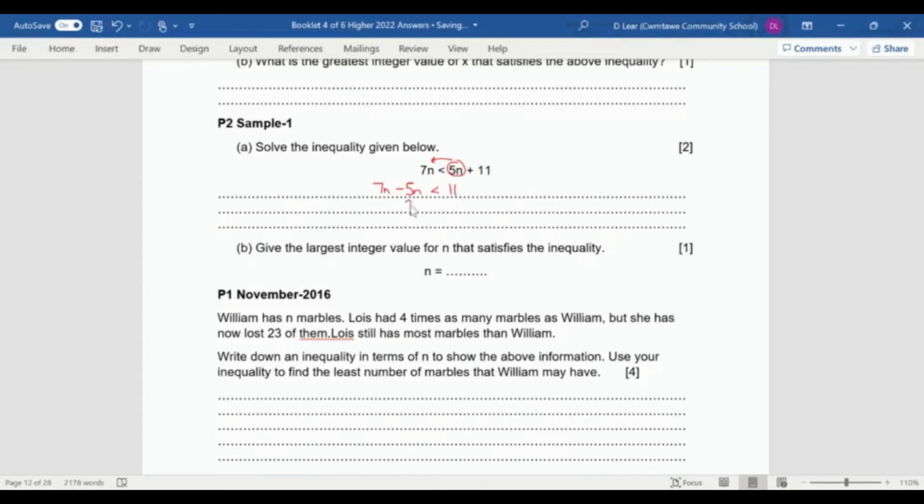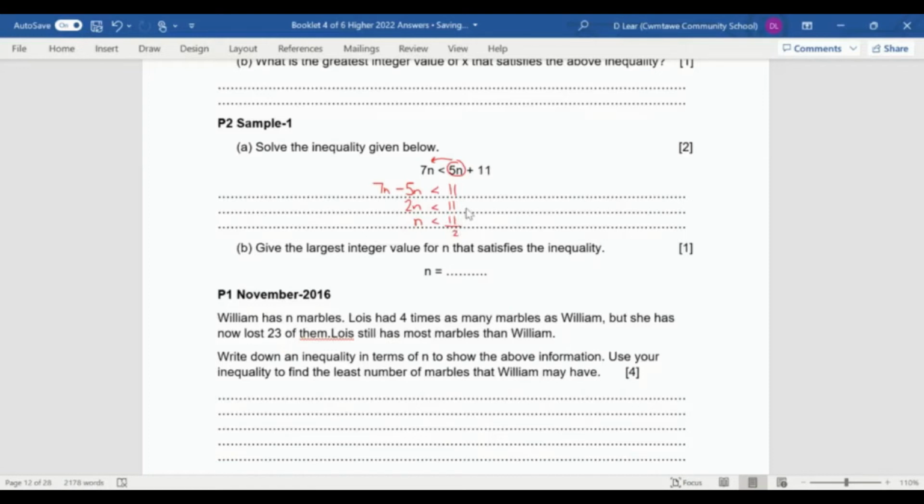So 7n take away 5n is 2n, and it's less than 11. The final step is to divide by the 2, so 11 over 2. And do not change that to a decimal, leave it like that. There's just no need. If 11 divided by 2 gives a number answer, great, but where it doesn't, you can leave it. So what we know now is n is less than 11 over 2.